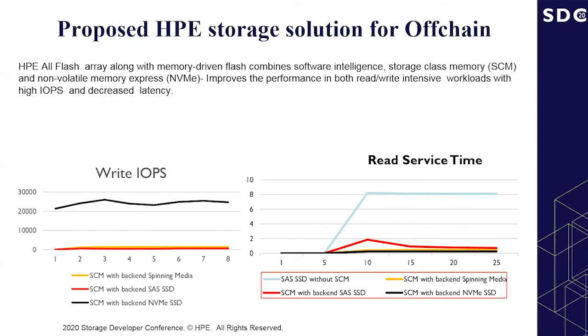Likewise, in the next graph, you can see the read service time for the read intensive workload. Again, we see the latency for NVMe storage class memory with the backend NVMe drives is the lowest in comparison to the SAS SSD and spinning media, and the highest being the one without the storage class memory.